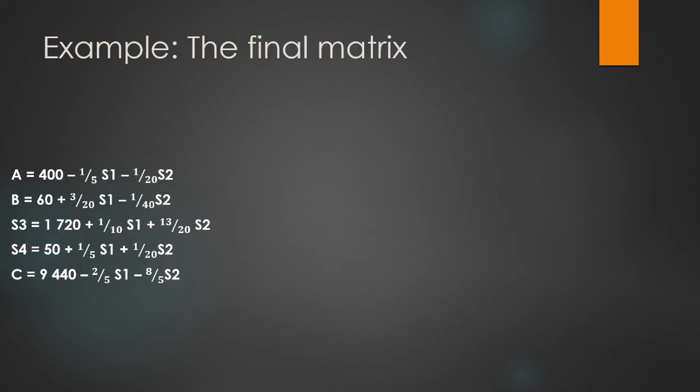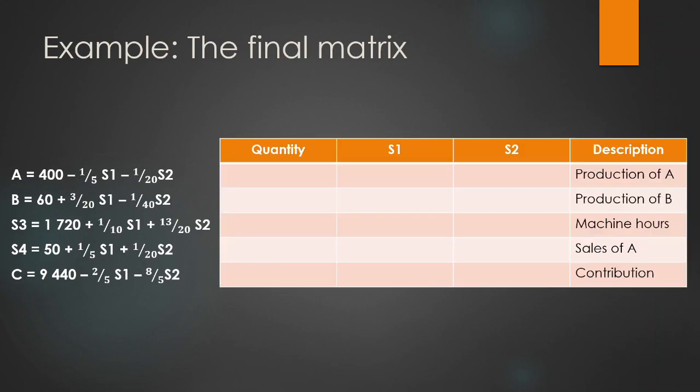We can now use our revised constraints to update our matrix. Notice this time that only S1 and S2 are on the right-hand side of the equal sign. Therefore, the columns are now headed S1 and S2. We can then update our matrix in the same way we did our initial and second matrices.